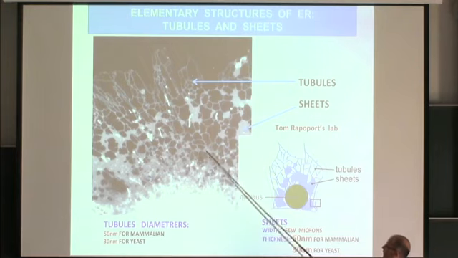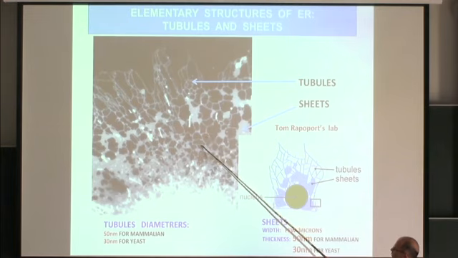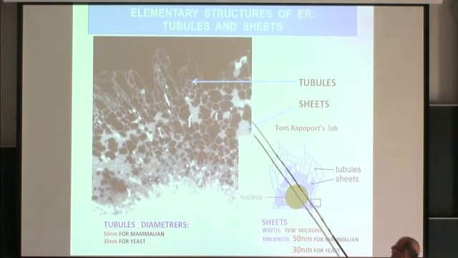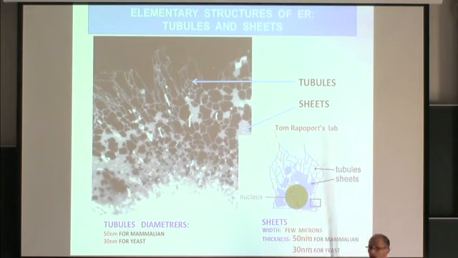And after this synthesis, proteins and lipids leave the endoplasmic reticulum as vesicles and go to different destinations within the cell. But what will interest us today is not the biological or biochemical function of this organelle, but rather its shape, which is very, very complex.